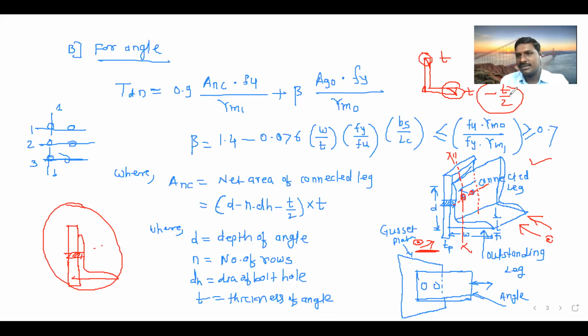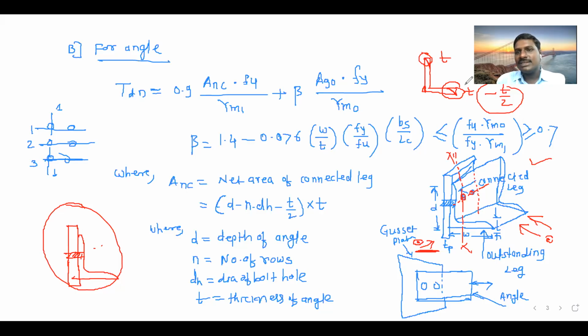I have taken the average thickness here. While calculating the net area, the thickness does not have the same dimension. It is a varying dimension. So I have deducted this T by 2. Everyone got it? Why deducted T by 2?